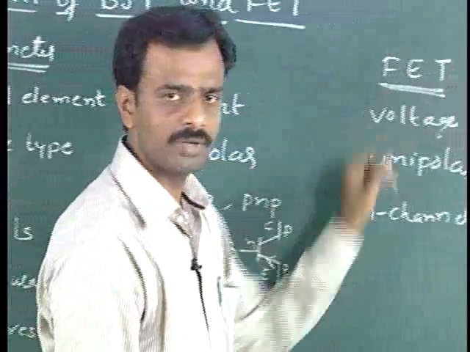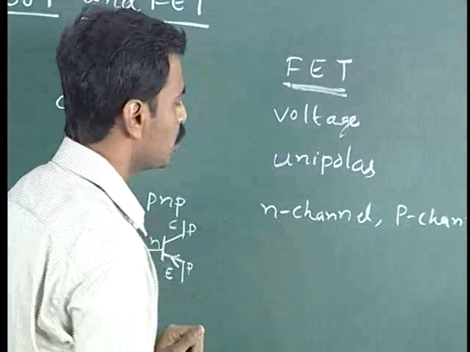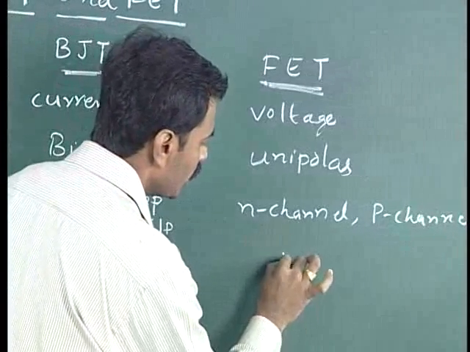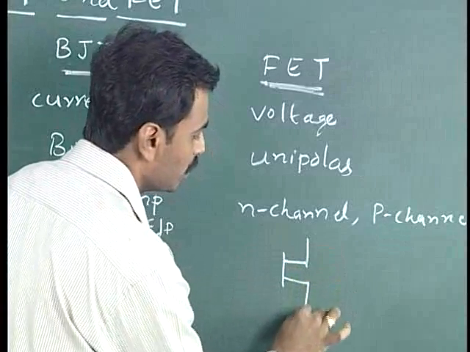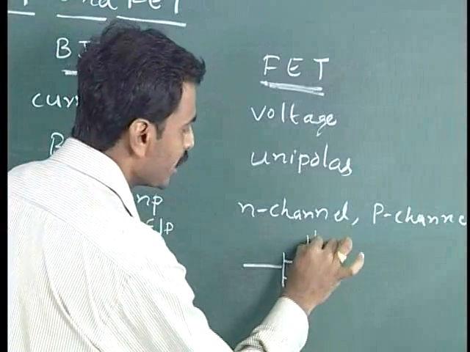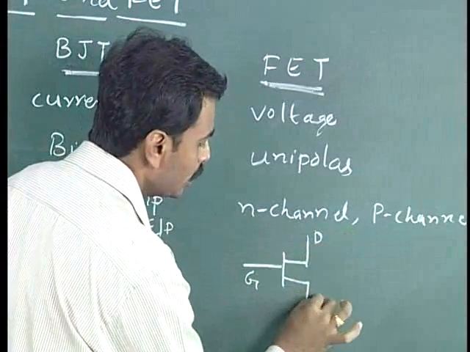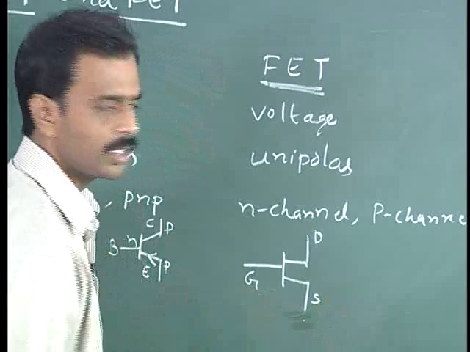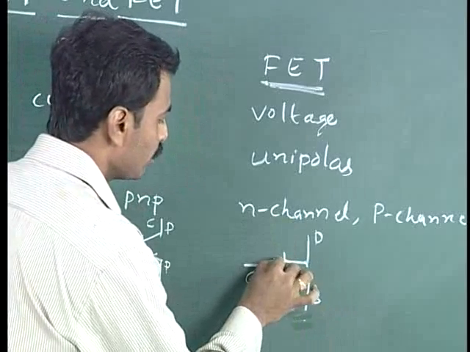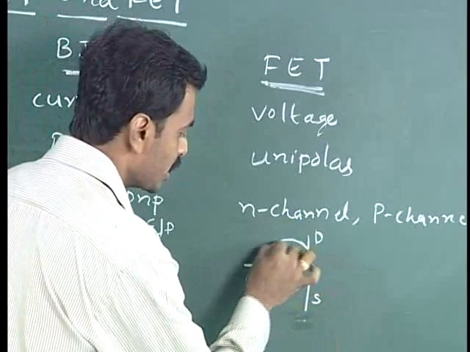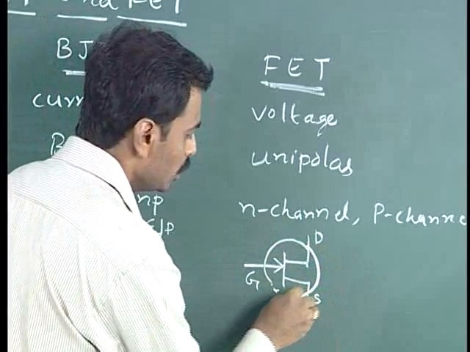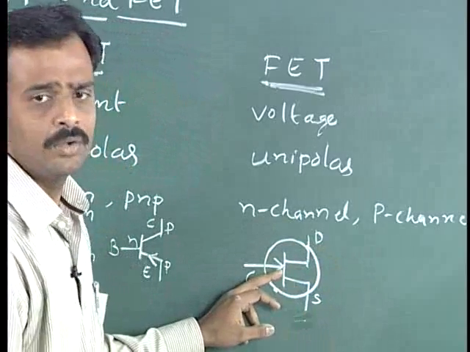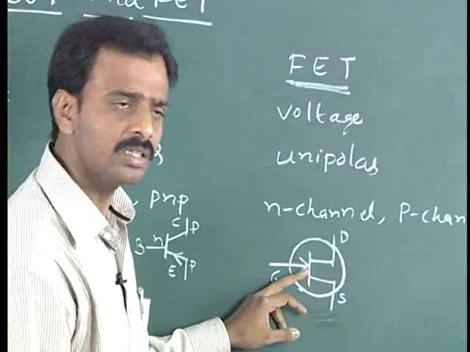Similarly, coming to field effect transistors, the symbolic representation of the N channel has three terminals: the drain, the gate, and the source. For the N channel, the arrow mark points towards the symbol. This gives an N channel field effect transistor, JFET.